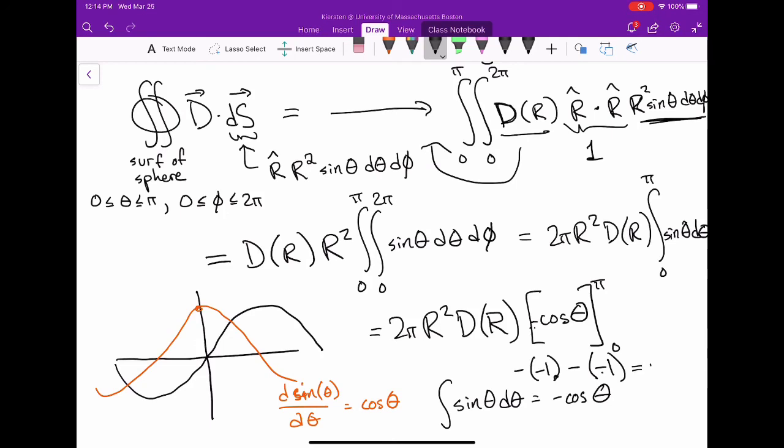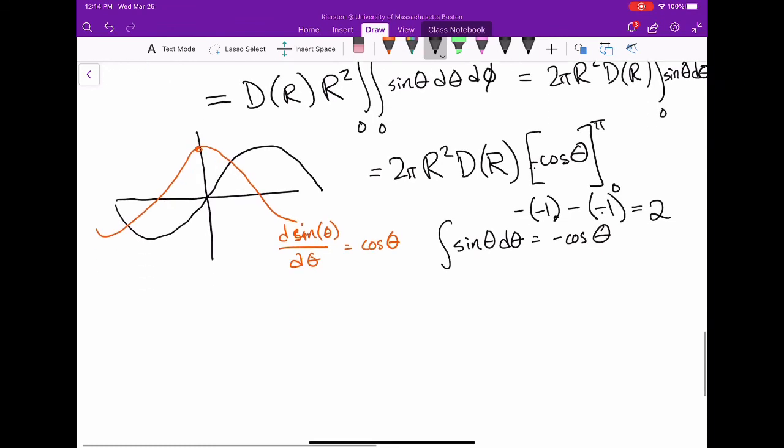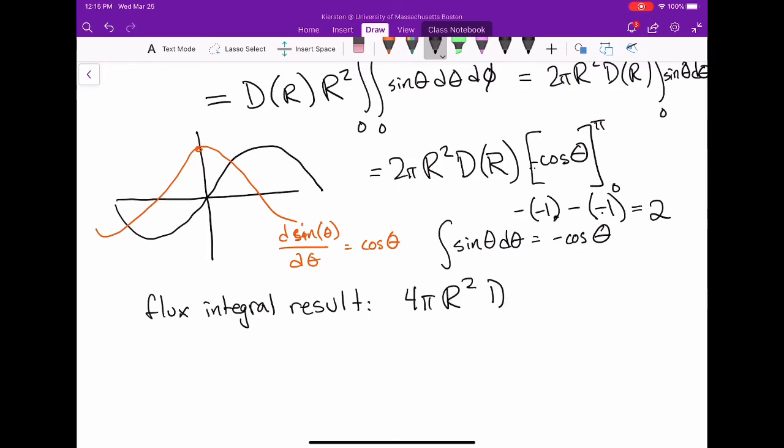So the answer there is 2. So that whole flux integral works out to 4 pi r squared D of r. And remember that this is the amplitude of D.